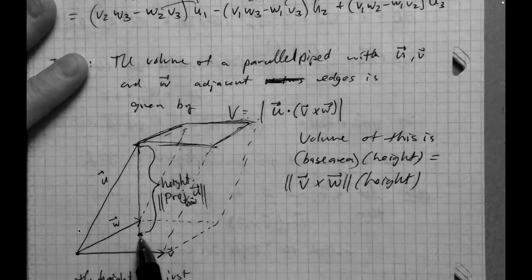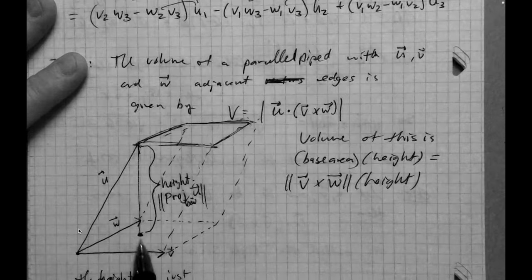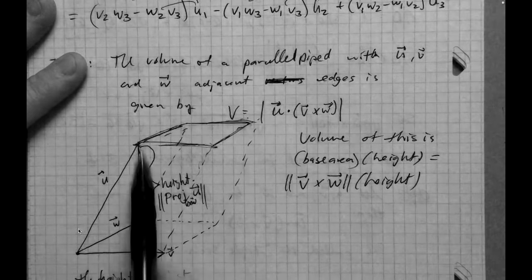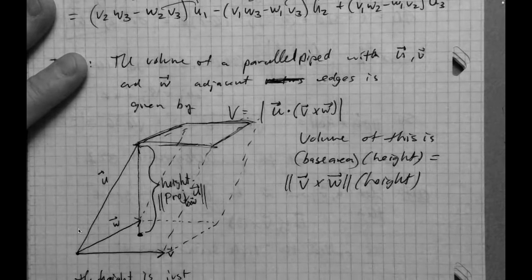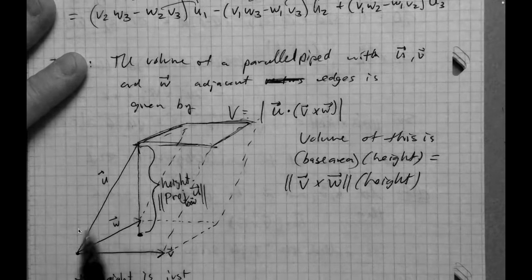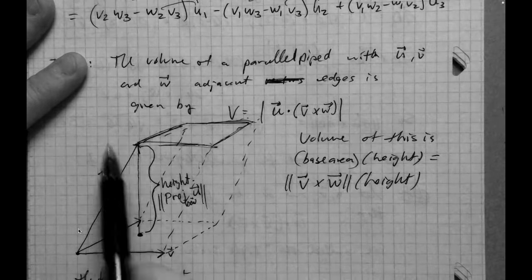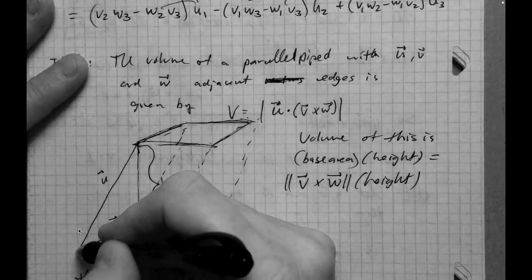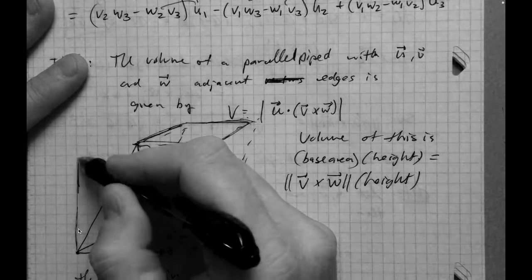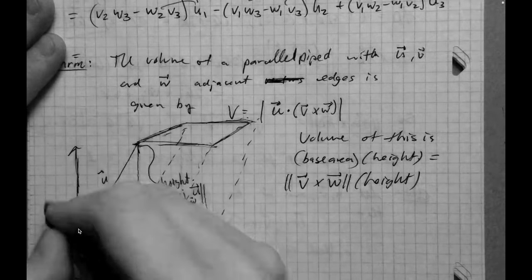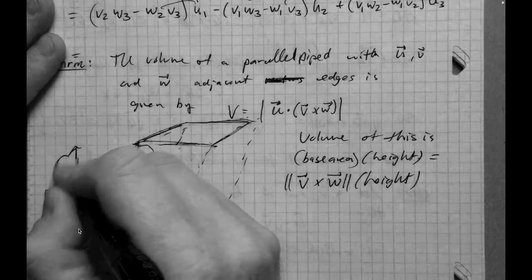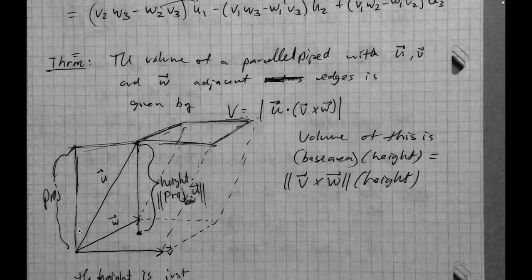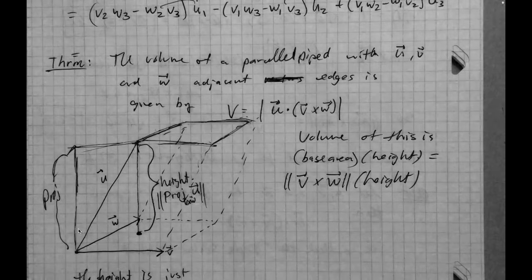Because this vector here is orthogonal to v and w, so that's the v cross w piece. And then the projection of u onto that is just going to scale this length down. You can also think of it like this, by putting it outside here if you want. This is the projection out here. You're just taking that and projecting it down onto this v cross w vector.